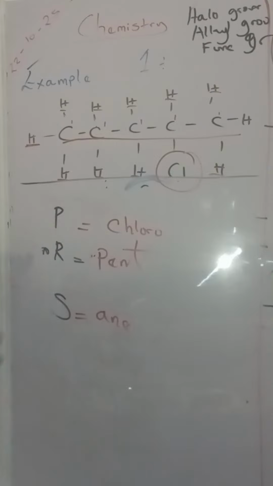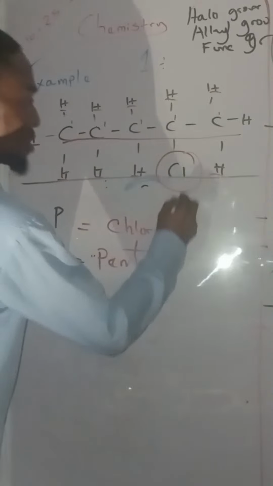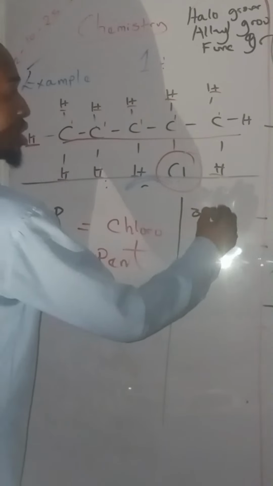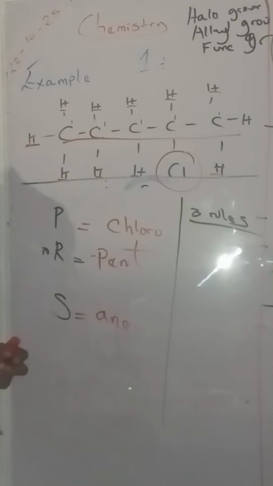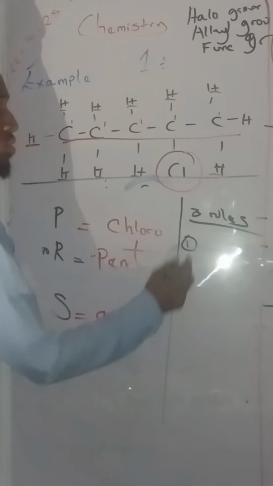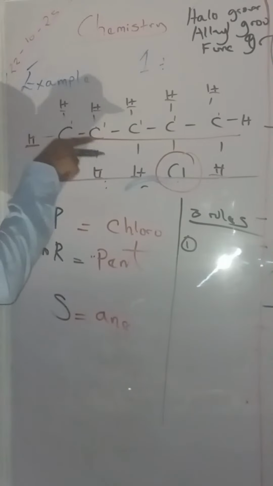Now, so how do you number? Write down the rules of numbering. In the rules of numbering, I created three rules to make it easy for you to remember. Number one: number from the functional group, not from the branch.